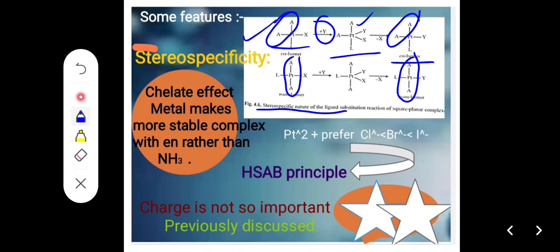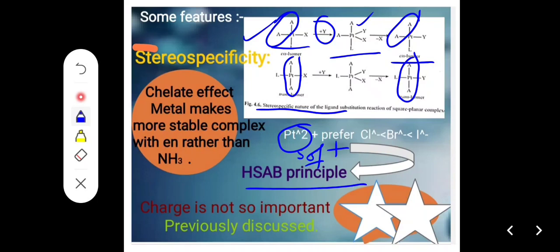We can say platinum 2 plus is a soft character. You know the HSAB principle, that is hard soft interaction. Hard means the metal or the positive thing that should have higher charge density, small size, more positive character, and they are preferable for hard, and that should be combined with hard base.